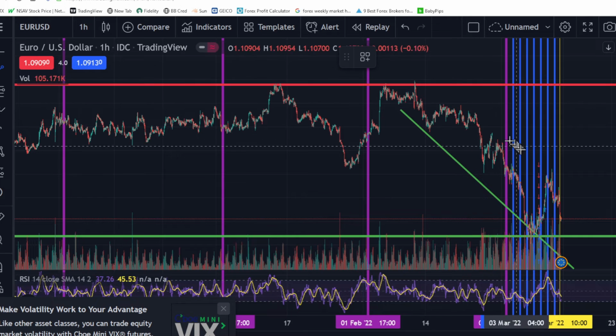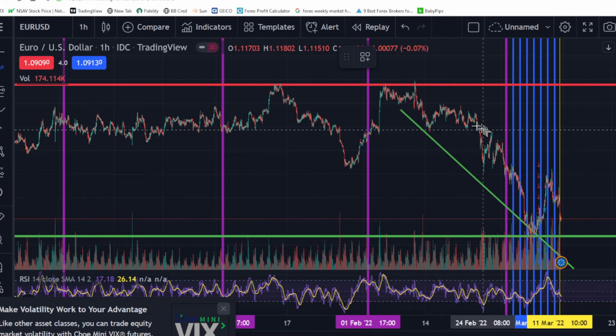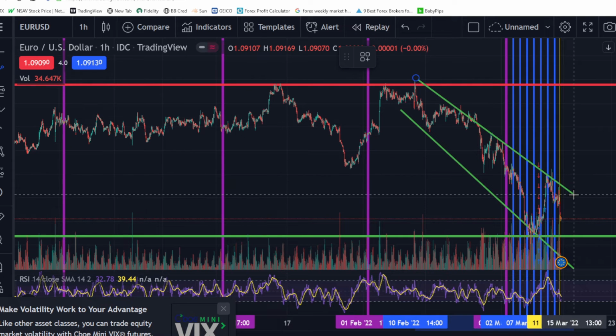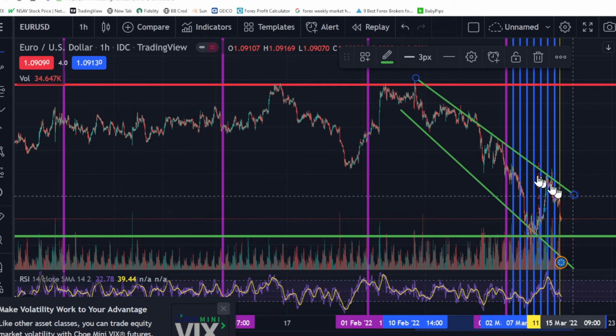And again, I look at this side of the chart and I say, okay, this looks like something like this would be the resistance.